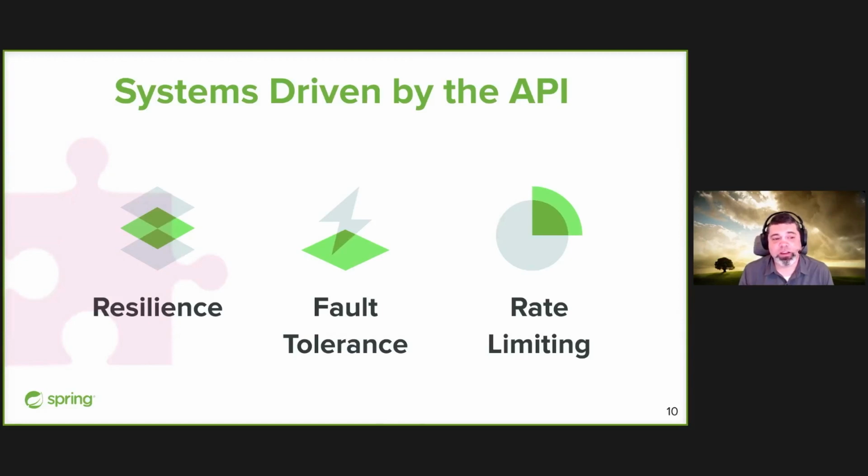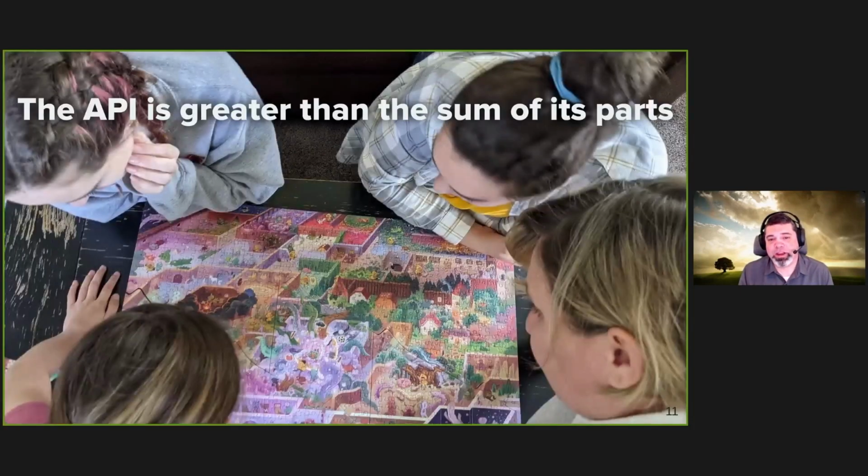And all the characteristics of cloud-native applications bubble up to the API, such as resilience and fault tolerance and rate limiting. And rather than applying just to the individual services, these attributes are now part of the API. And that makes the API greater than the sum of its parts.